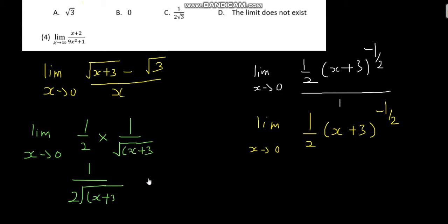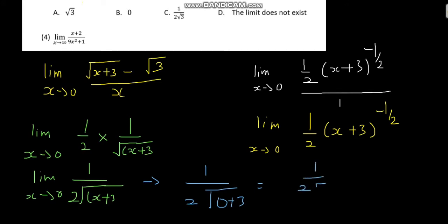Until you put in the value of 0, you have to continue writing the limit here. So our answer now becomes 1 over 2 times the square root of 0 plus 3, and this will give me 1 over 2 root 3. This will be our answer, which is the C here.